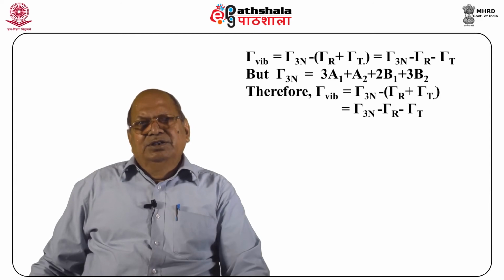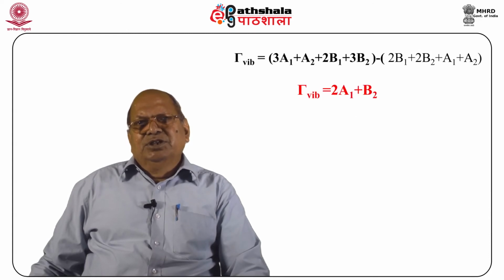But tau 3n is 3A1 plus A2 plus 2B1 plus 3B2, so I am subtracting 2B1, 2B2, A1 and A2, and the result is tau vibration is 2A1 plus B2.